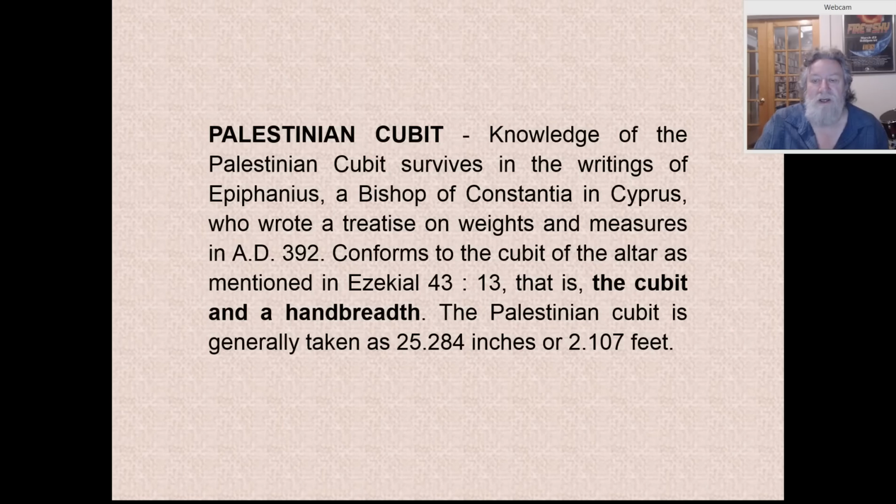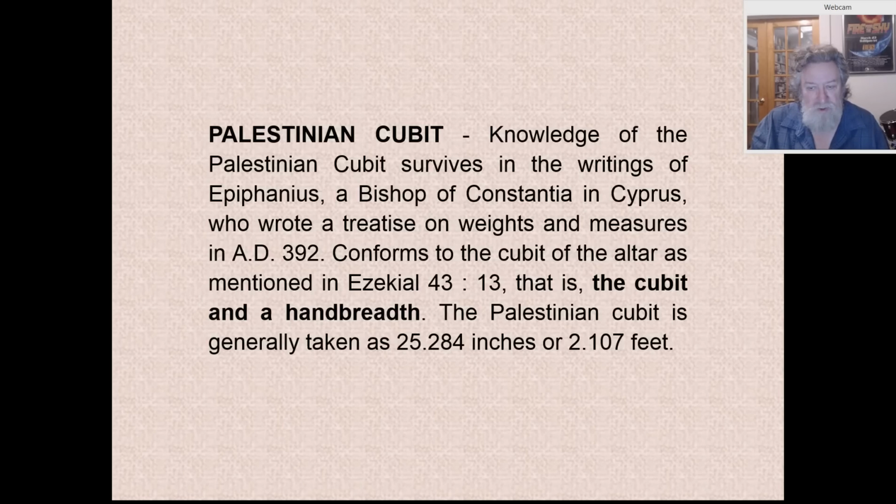That is, the cubit and a hand's breadth, which is this right here. The cubit is elbow to fingertip, and then you simply put the line of your knuckles at the tip of your middle finger, and that's the cubit and the hand's breadth. And this was the basis of the Palestinian cubit, which was generally taken as 2.107 feet.